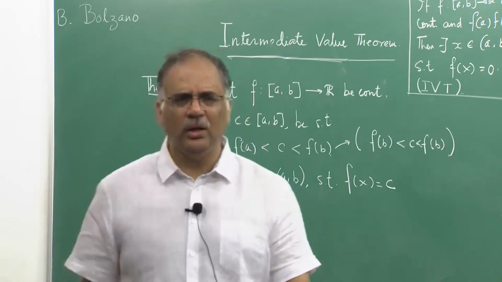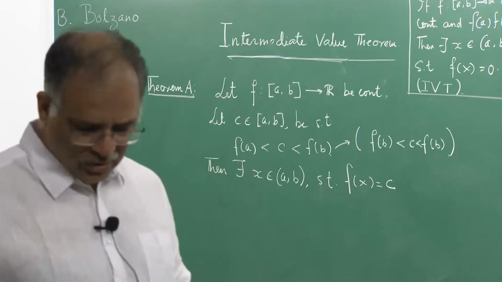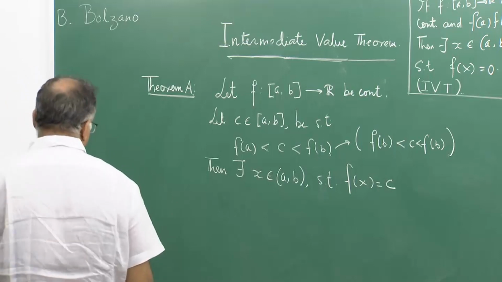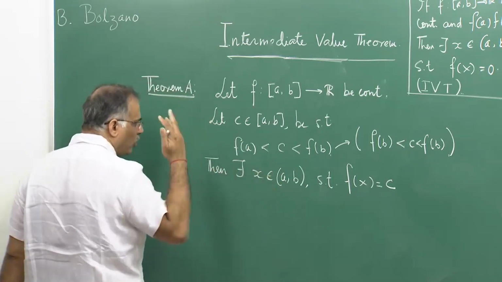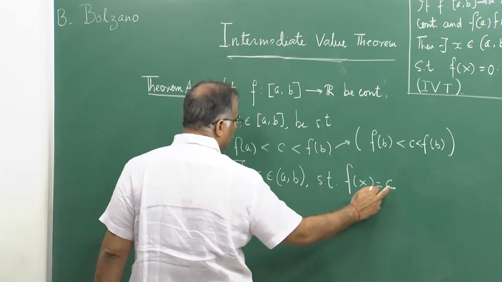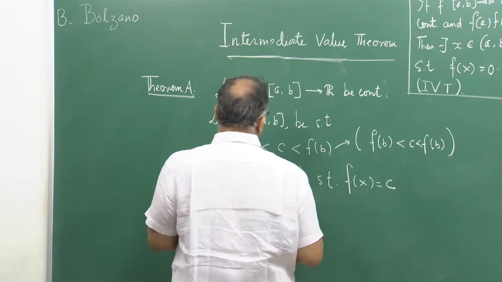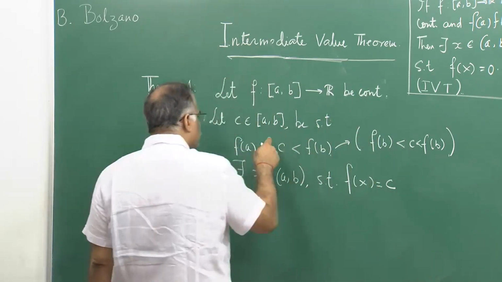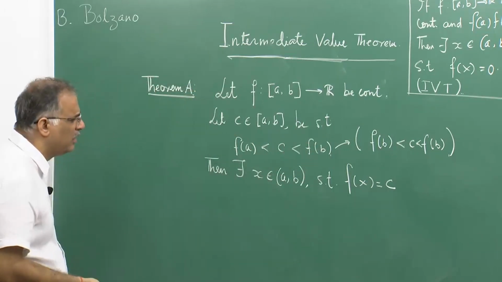Now, how do we go around and really prove something of this nature? Here is a trick which mathematicians use. What I know is that there would be a point where f(x) is equal to 0 if the product f(a) times f(b) is negative, that is, 0 strictly lies between f(a) and f(b), one is negative, one is positive.